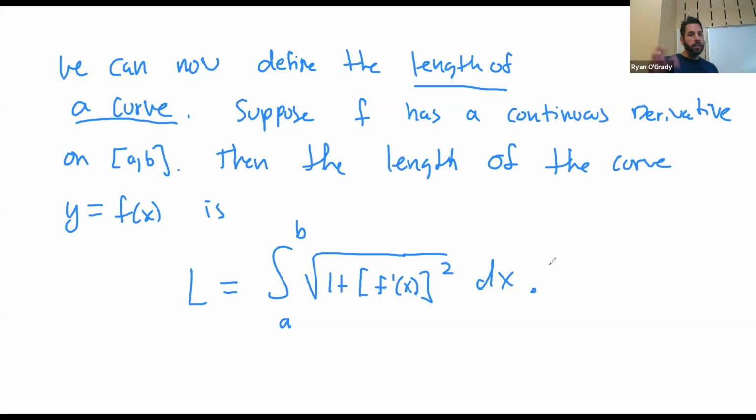The first thing that you need to note, though, is this square root is outside of everything, which, even from the little bit of integration you guys have done in your life, should still be a red flag that most of these integrals are going to be very, very challenging.